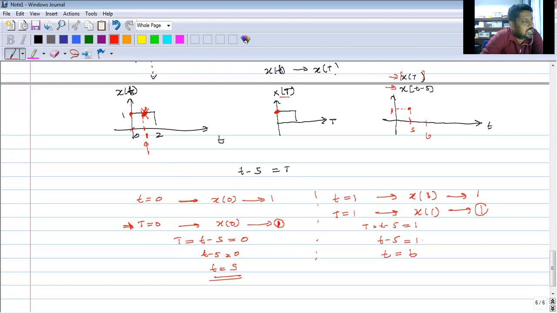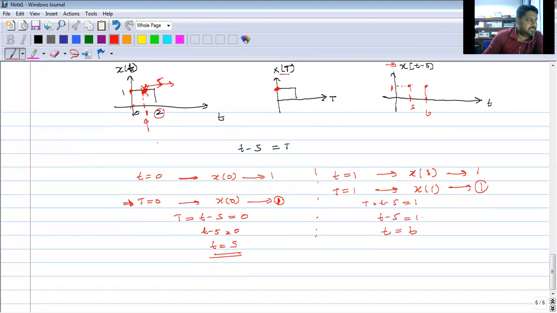So you can see that this point also shifted by 5 seconds here. So if I write this point, it is like this. If I get this point 2, that means T is equal to 2, x(2) is also 1. Then capital T is equal to 2, x(2) is again equal to 1. It is a matter of only a letter.